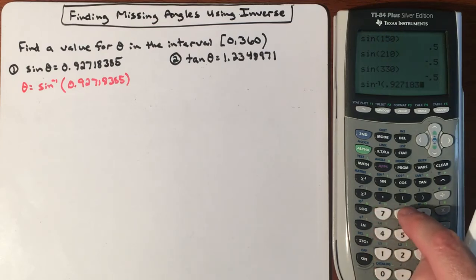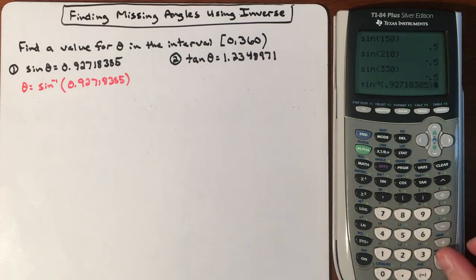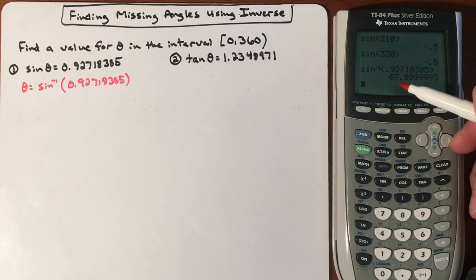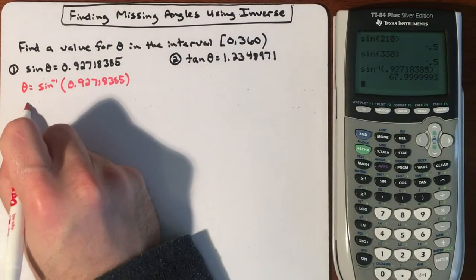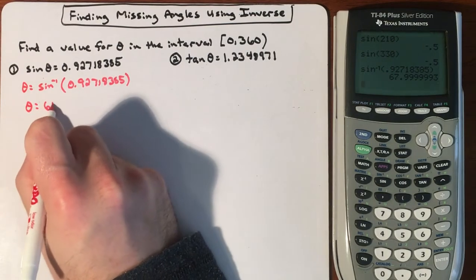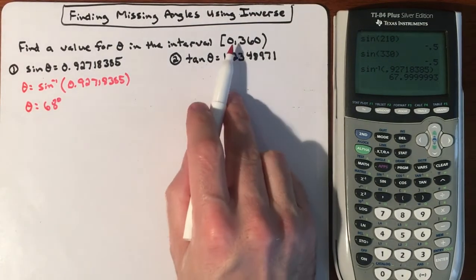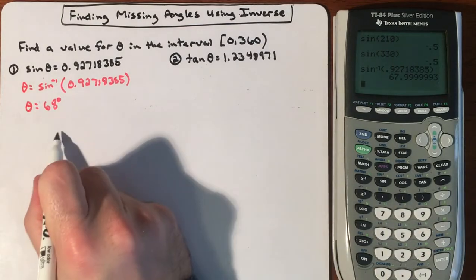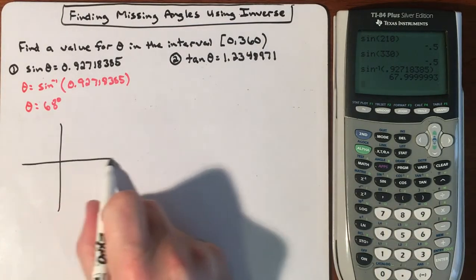Okay, so we get our answer. So it's basically 68 degrees. That's kind of why all the decimals are in there. So we're looking at theta equaling 68 degrees. Now we would be done if it said between 0 and 90. However, we're not. So we are going to draw a reference angle.